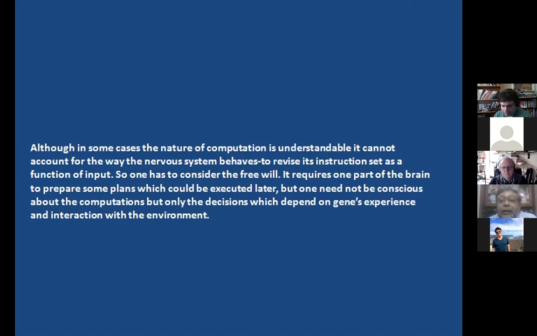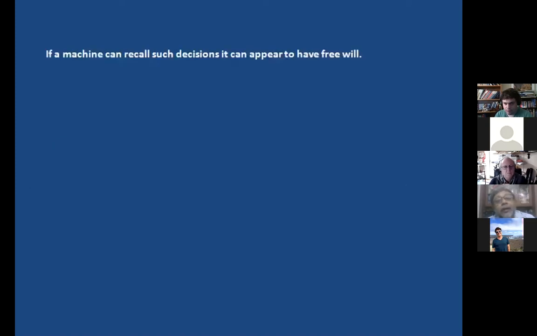So one has to consider free will. It requires one part of the brain to prepare some plans which could be executed later. But one need not be conscious about the computation, only the decisions, which depend on genes, experience, and interaction with the environment. So if a machine can recall such decisions, it can appear to have free will.